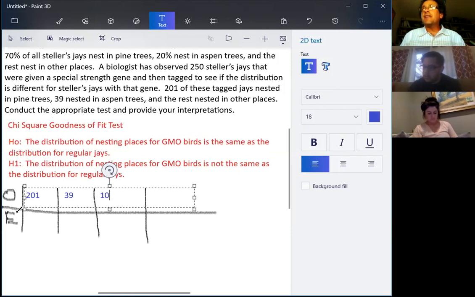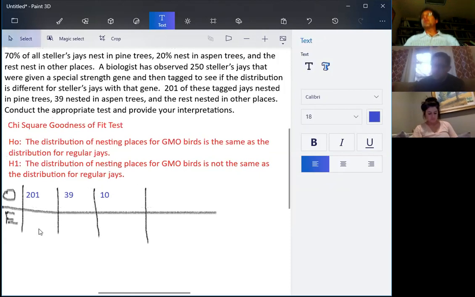Okay, now I got to get the expected, and we're going to do it in a similar way. Well, if regular jays, 70% of them nest in pine trees, and we observe 250 Steller's Jays, how many do we expect in pine trees? How do you figure that out? 70% of 250. Is that clear?